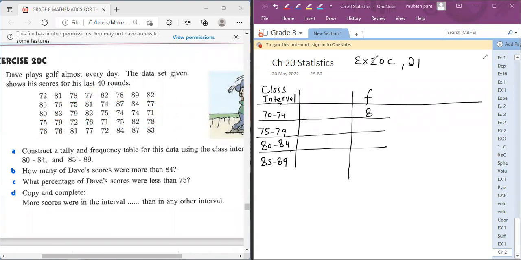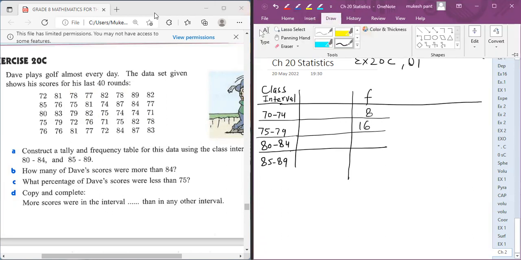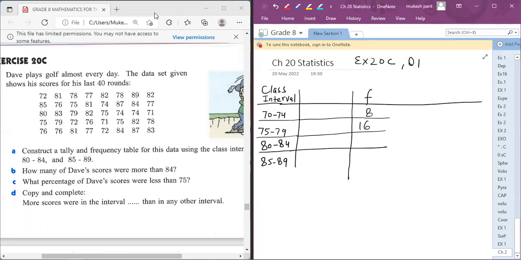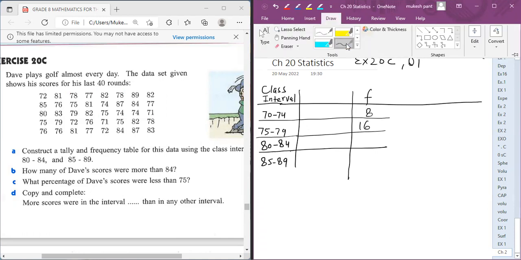Then 80 to 84: 1, 2, 3, 4, 5, 6, 7, 8, 9, 10, 11, 12. There are 12 for 80 to 84. Okay, if you are saying that it is 12, let's everybody just count it.